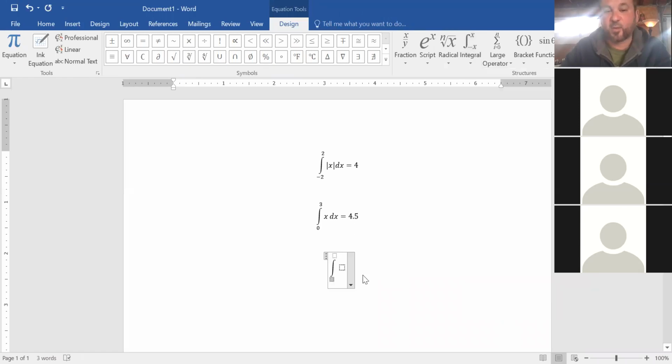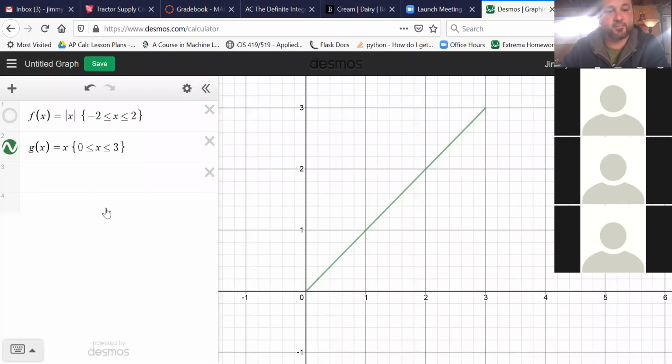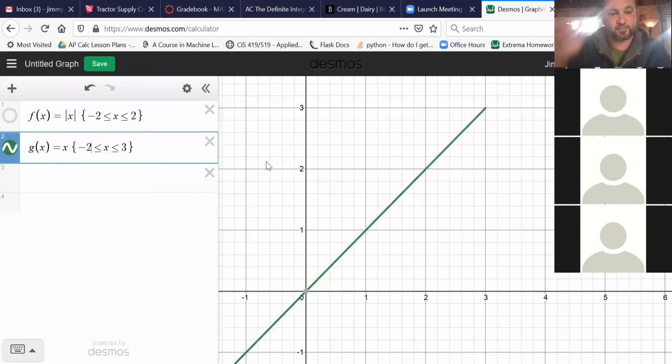So let's say, what if I change this from -2 to 3 of x dx? What does that equal? Let's go back to the graph. So now we're going to go from -2 to +3.